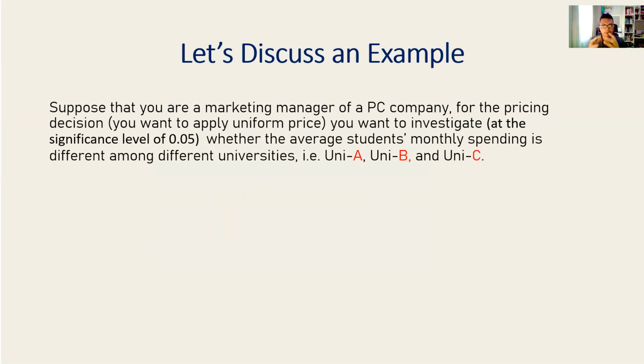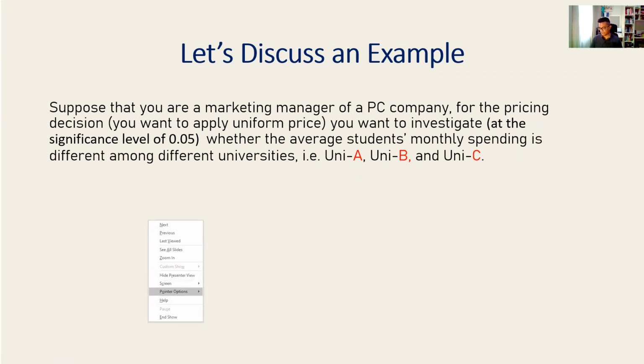The company sells computers to different universities. For the pricing decisions, in the context of applying uniform pricing, you want to investigate whether the average students' monthly spending of university A, B, and C are similar or not.